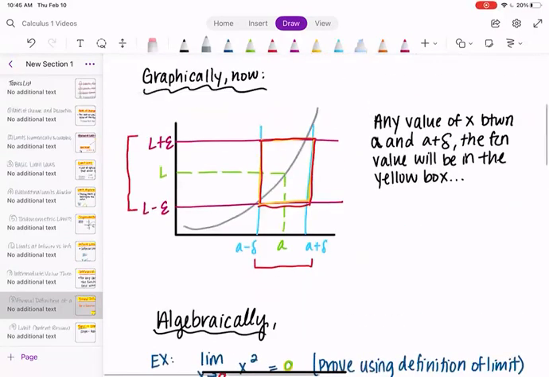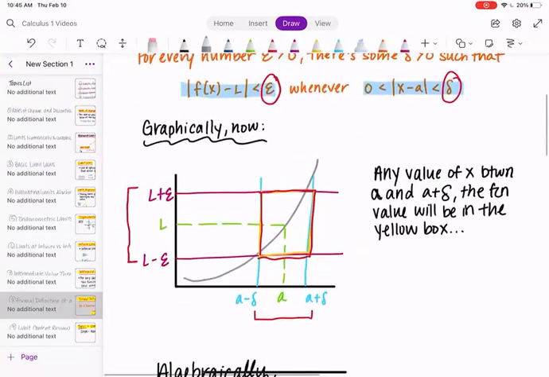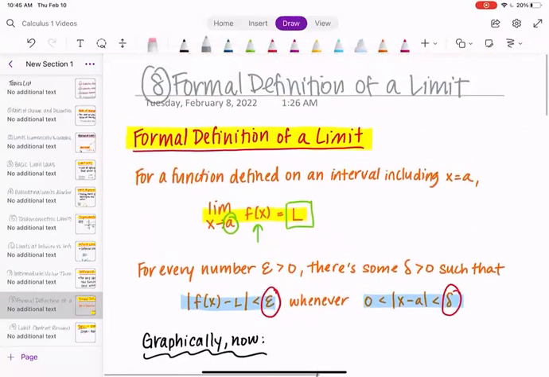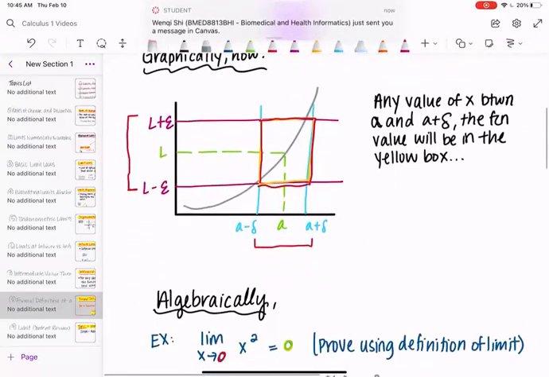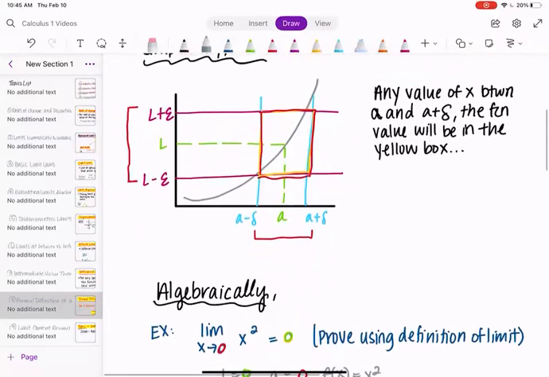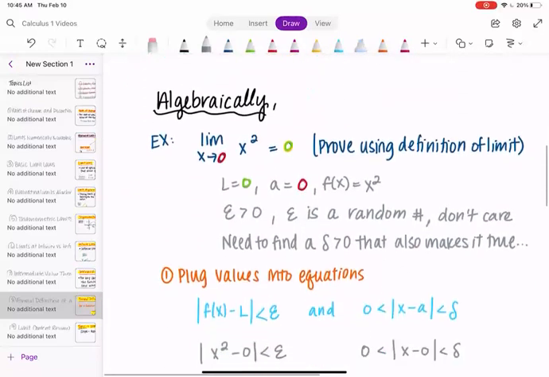Remember, the premise here is we're playing around with the relationship between epsilon and delta, right? So what we're going to end up doing is relating the variance in the y direction to the variance in the x direction, not the variance like in a statistical method, but like we're moving around from the actual value.